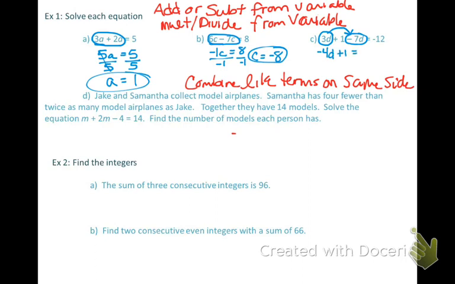Plus 1 equals negative 12. Now it's gone back to the two-step equations we learned from the last lesson. So we're going to add or subtract first. Well, I can subtract 1 first. So it's negative 4d equals negative 12 minus 1.